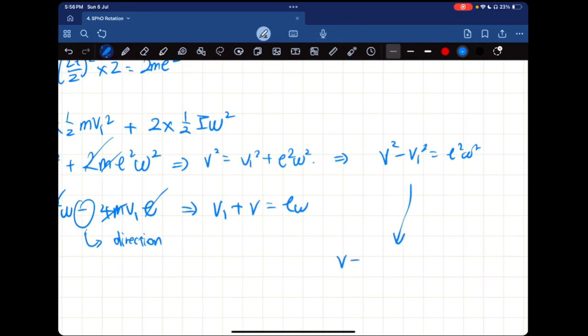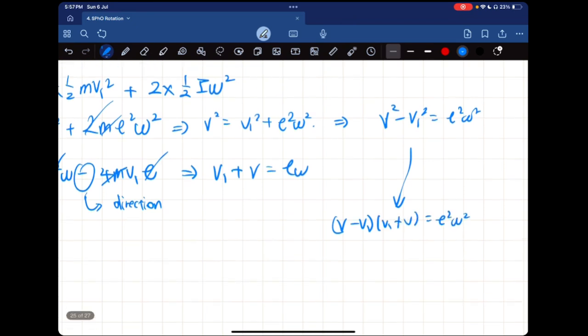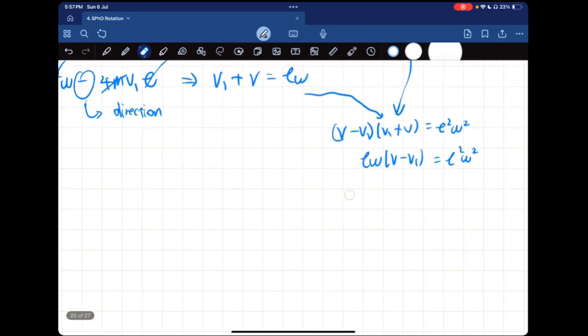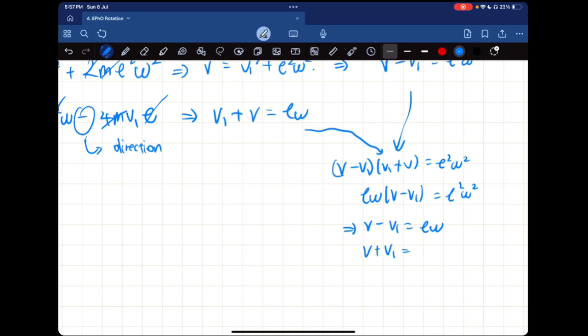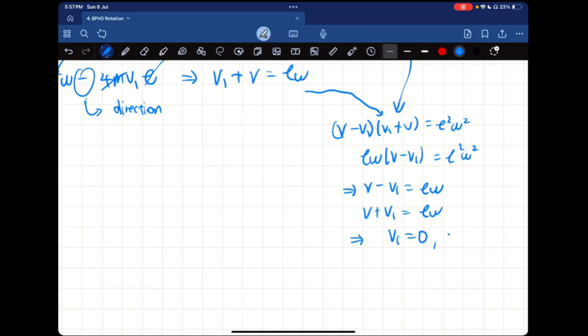Let's plug this in. After we plug in, we have V minus V1 equals L omega, but also V plus V1 equals L omega, which implies that V1 equals 0 and V equals L omega.